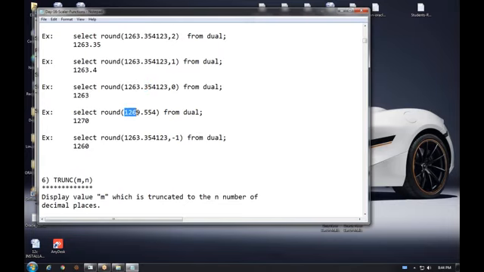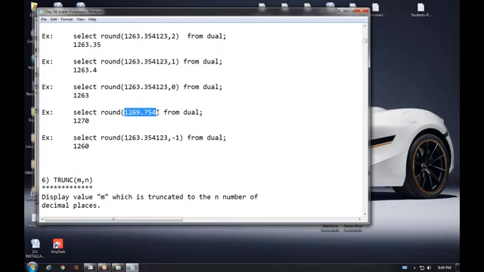So for example, see here 1269.554, or otherwise 754. Casually I am using 7, no problem. So here actually m comma n, two parameters we should submit, but you are giving only one parameter.